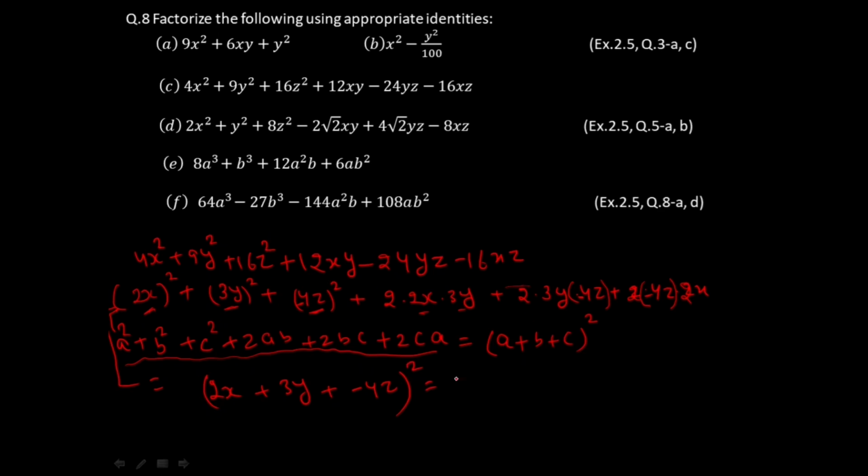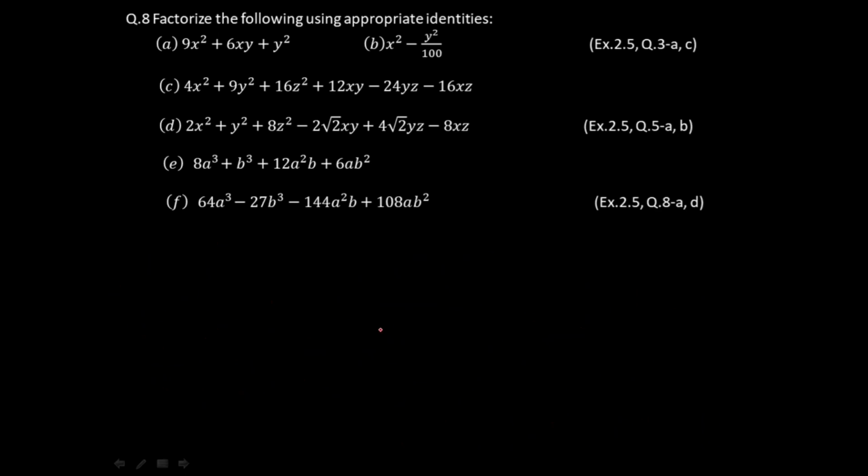So (2x plus 3y minus 4z) whole square. This is not the answer because I am to factorize. This is not factorization. This is coming 2 times, so write it 2 times: (2x plus 3y minus 4z) first time, and this is second time. So this is my answer. That is called factorization.